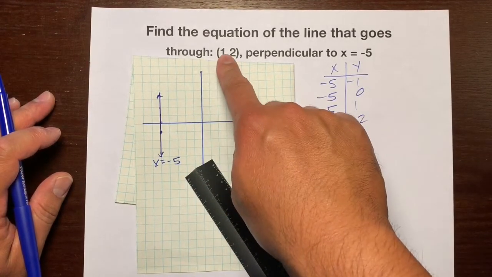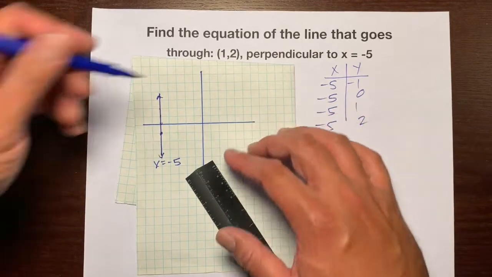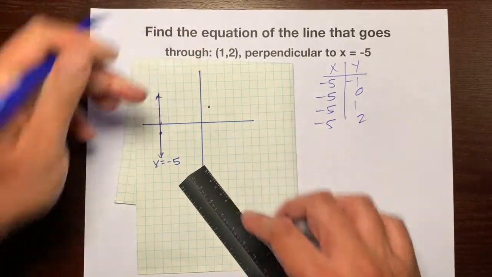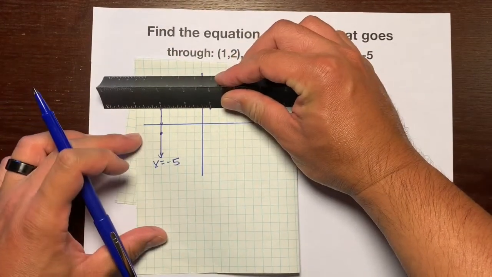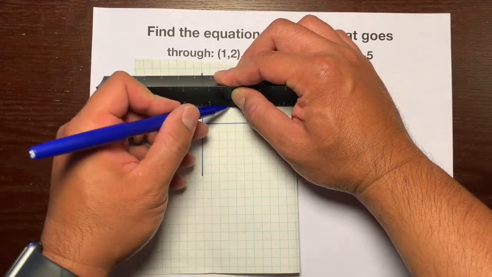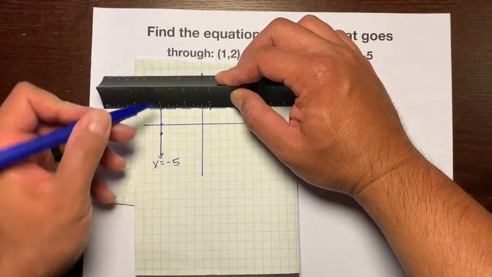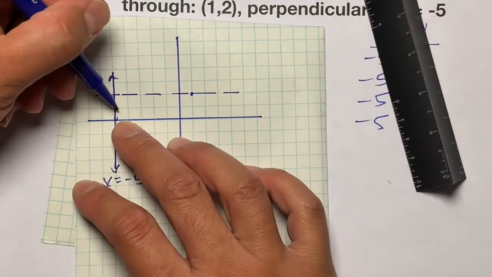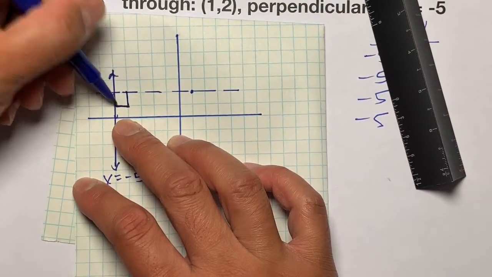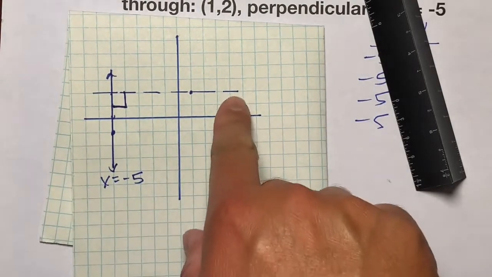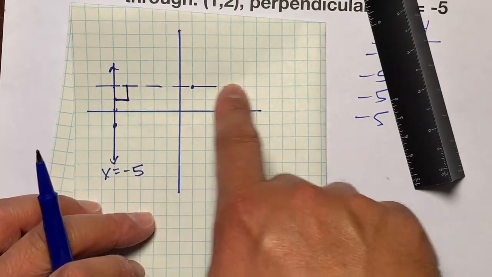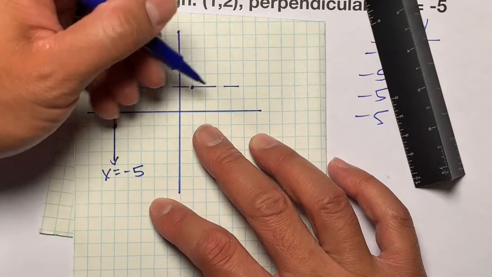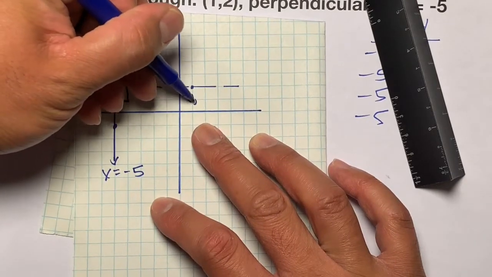And we want a line that's perpendicular to this that goes through (1, 2), which would be this line right here. We know it's perpendicular because they make a right angle. Look, there's a square right here that tells us it's a right angle. So the question is, what's the equation of this line right here? Well, this point right here is (1, 2).